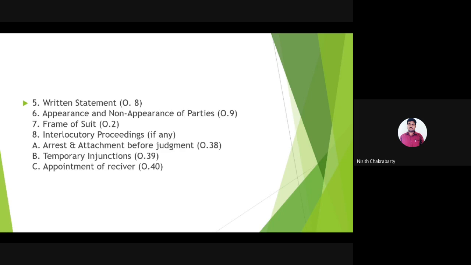Order 38 deals with arrest and attachment before judgment. Order 39 deals with temporary injunction, and Order 40 with appointment of receiver. So these are interlocutory proceedings. This will be the 8th stage, but it is an optional stage.